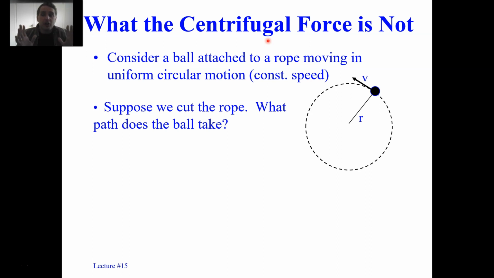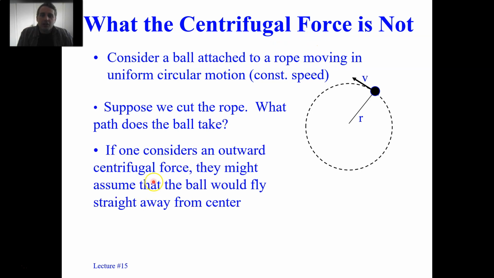So Newton's second law, that there's a net external force, ma, where a is a sub c, the centripetal acceleration, no longer applies. Newton's first law takes over, that an object in motion should stay in motion in a straight line unless acted upon by an outside force. So this ball should fly off tangent to the circle in the direction of the instantaneous, or that is the tangential, linear velocity.